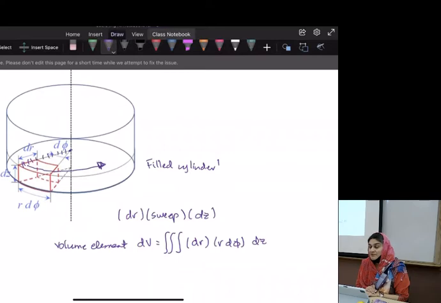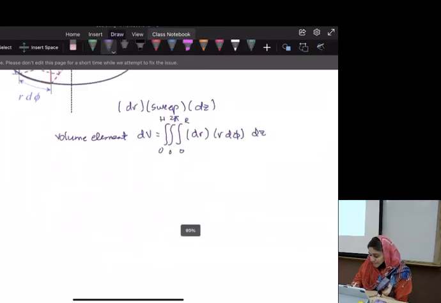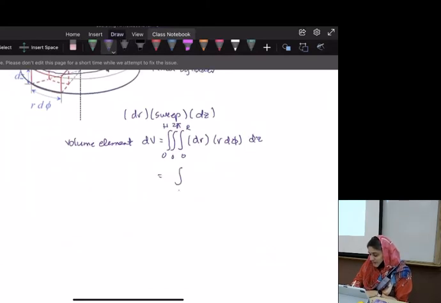What will be the limits for dr? 0 to r. What's the limit for phi? 0 to 2 pi. What's the limit for dz? 0 to h.